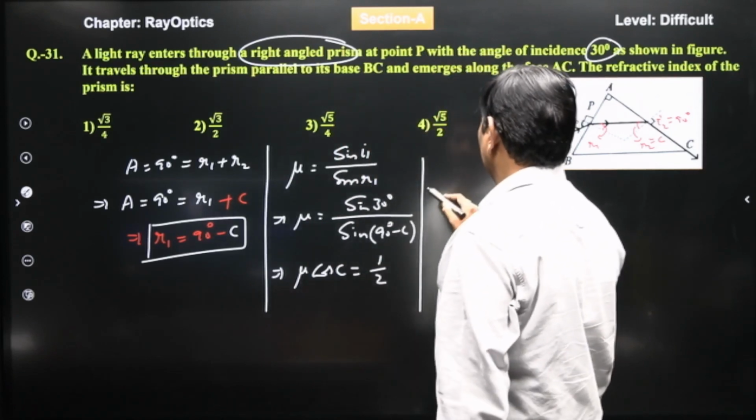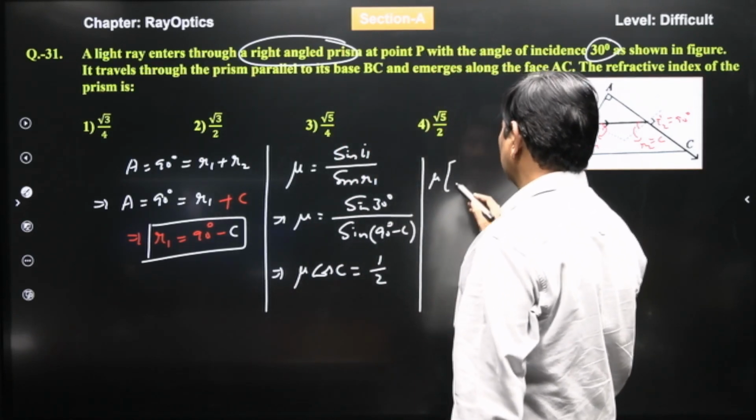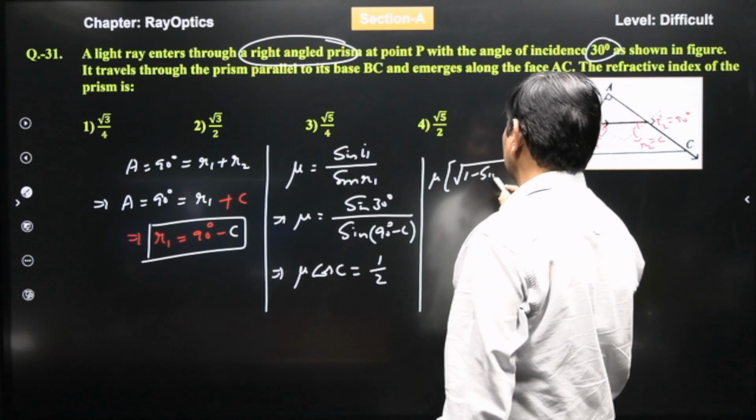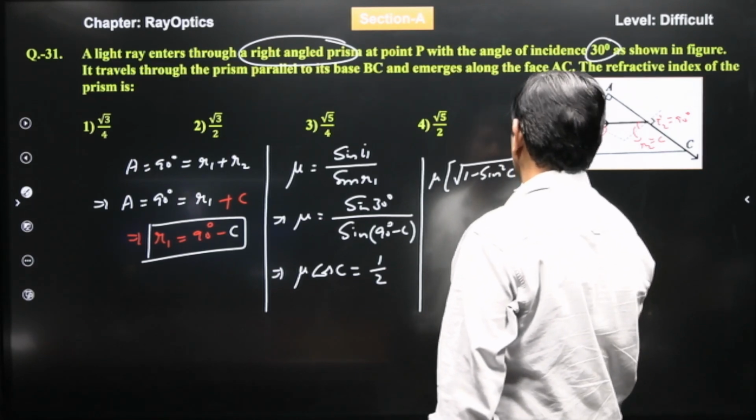Now, see this mu into cos C we can write as 1 minus sin square C is equal to 1 by 2.